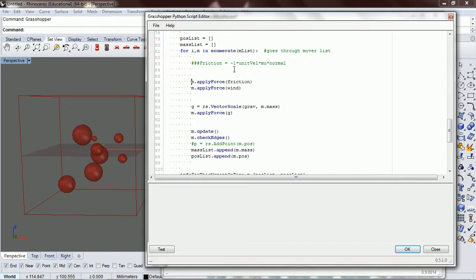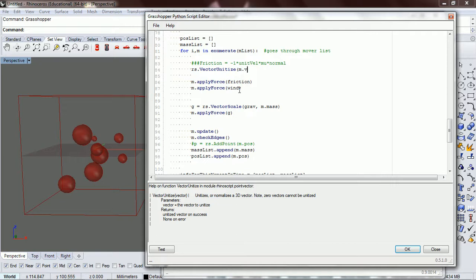So let's take out both of these in one line of code, and the way we're going to do that is we're going to rs vector unitize, and we're going to unitize this mover's velocity.